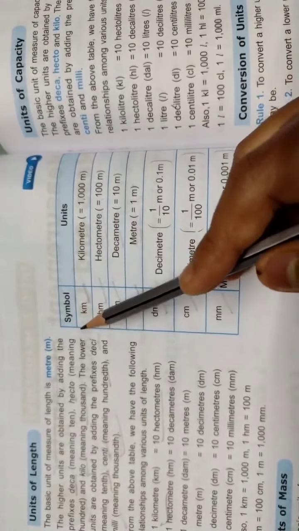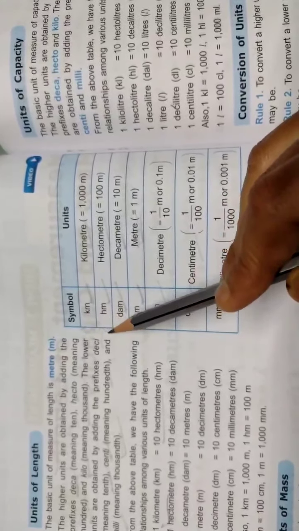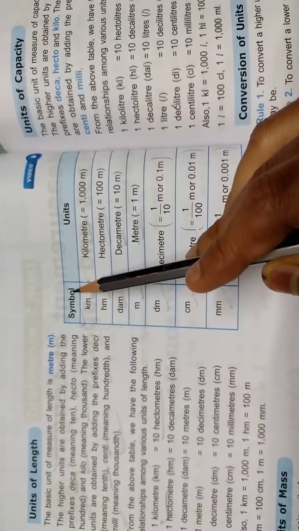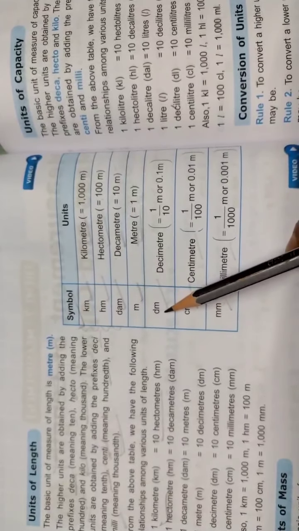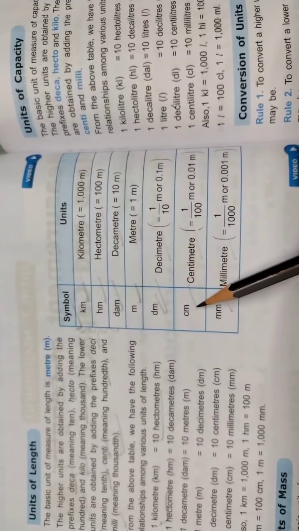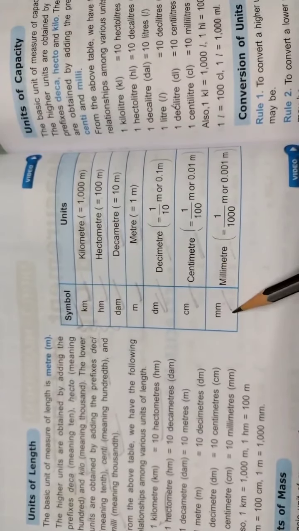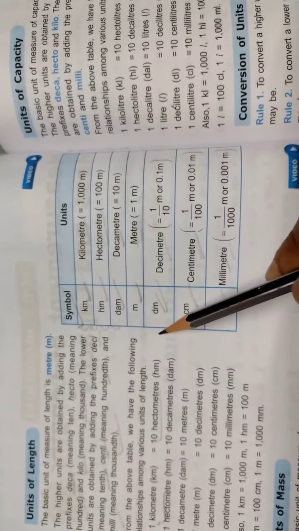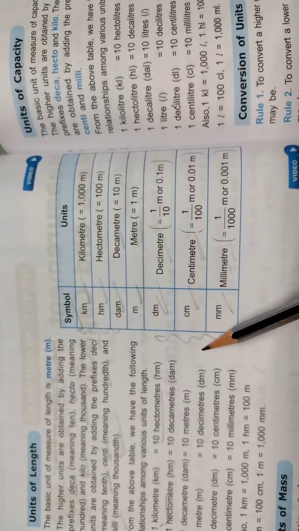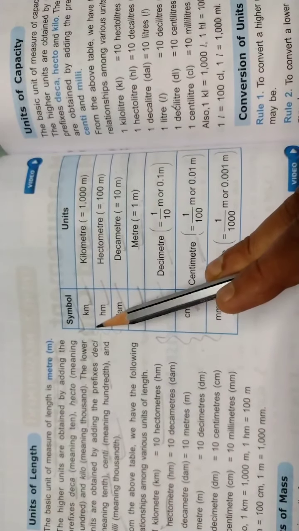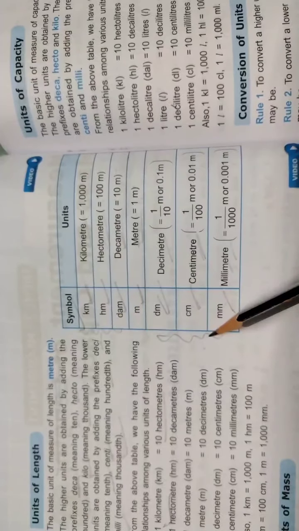So these three, kilometer, hectometer and decameter, are the higher units. And dm is decimeter, cm is centimeter, mm is millimeter. These three are the lower units.